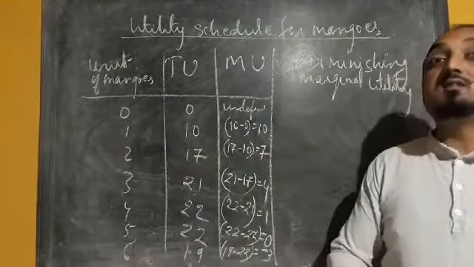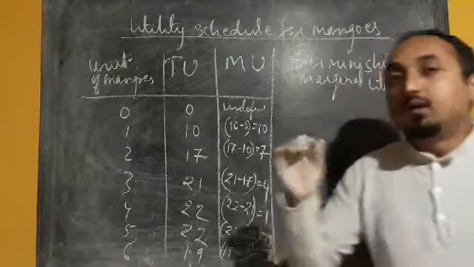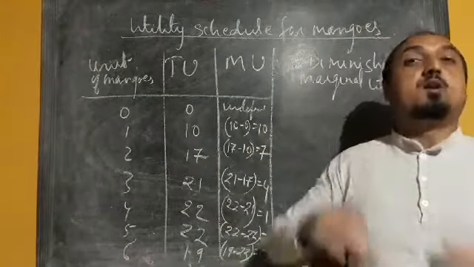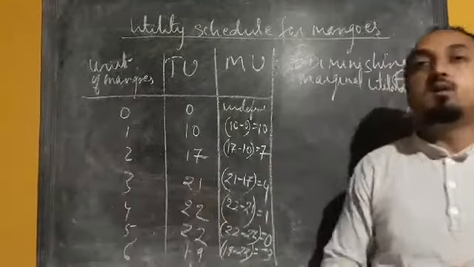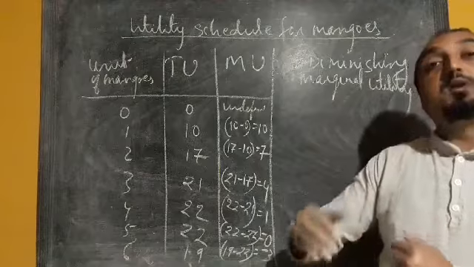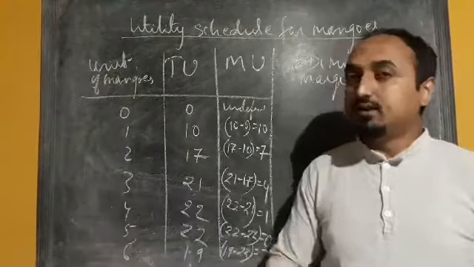That concept is called diminishing marginal utility. Once again, it is nothing but when we consume more and more units of commodity, the additional satisfaction derived from each additional unit will go on decreasing.